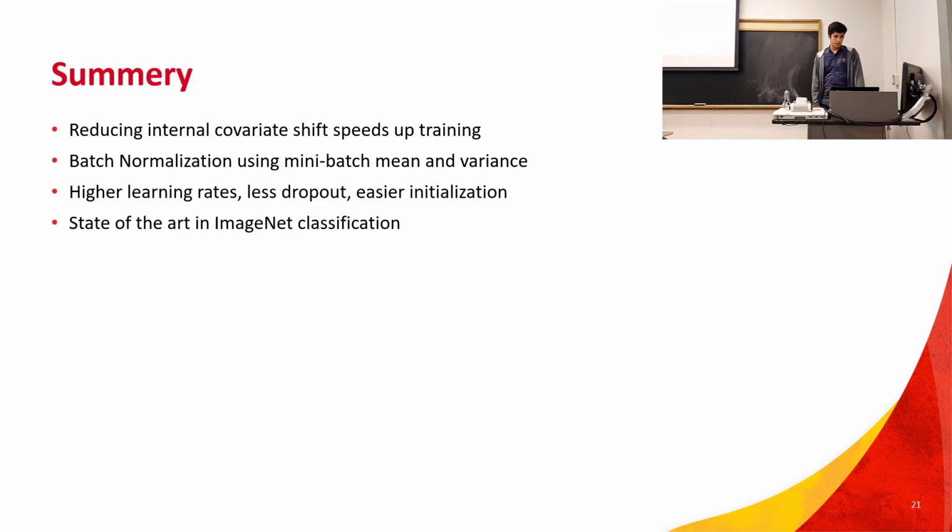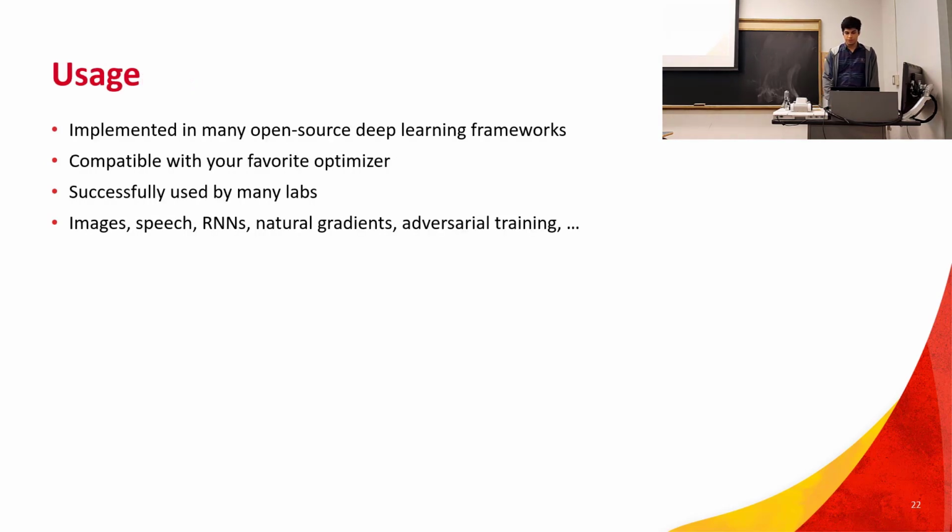Okay, so I get to my summary. We are reducing the internal covariate shift, and that speeds up our training. And batch normalization uses mini-batch mean and variance. And we can use higher learning rates, less dropout, easier initialization, and can have state-of-the-art in ImageNet classification.